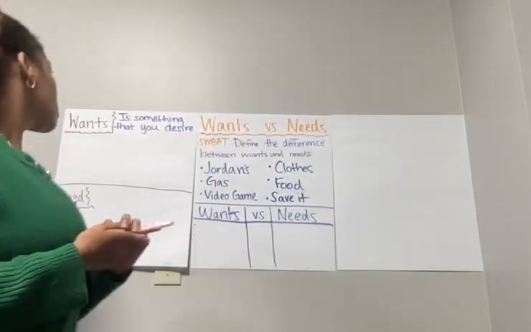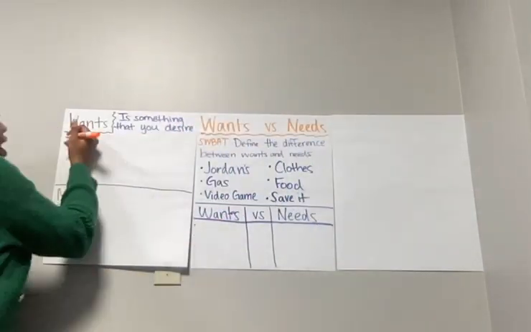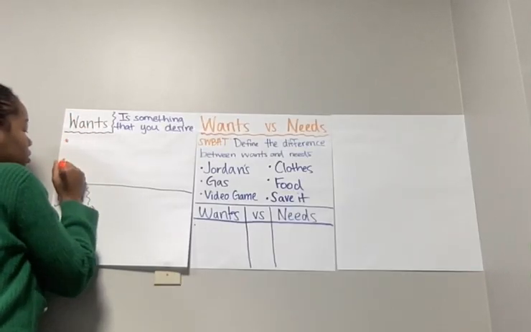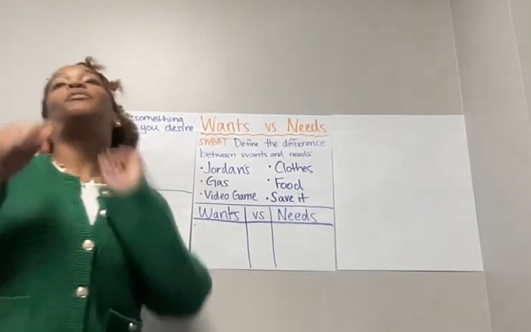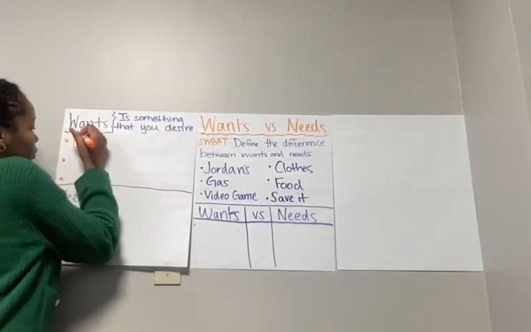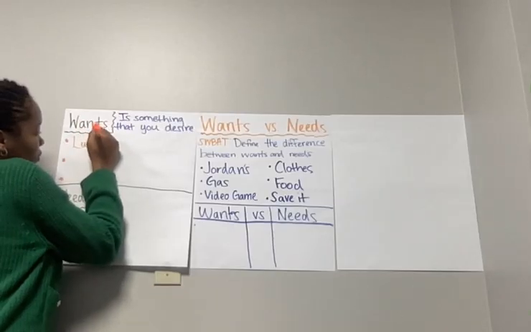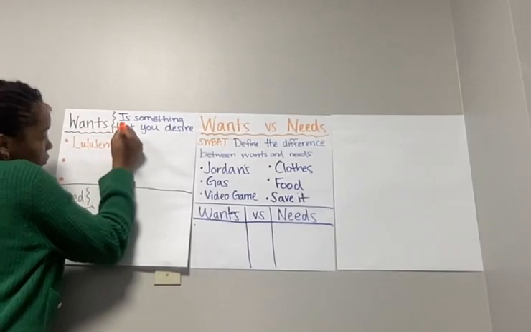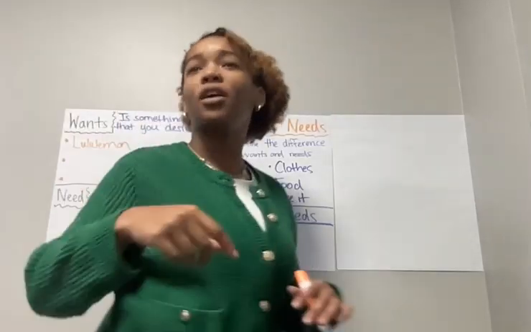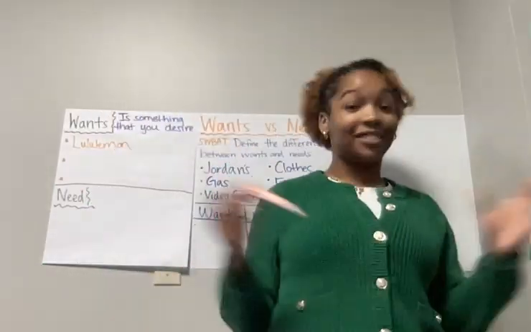Okay. Everybody, let's slow down. What are things that we want? Lululemon. Okay. You? NBA Youngboy tickets.